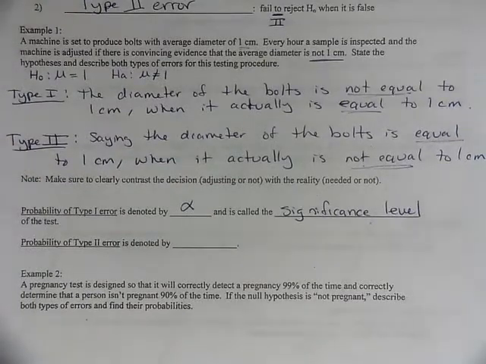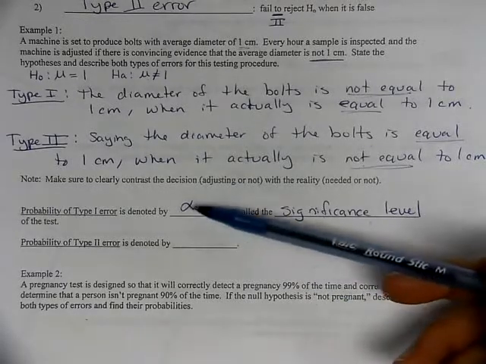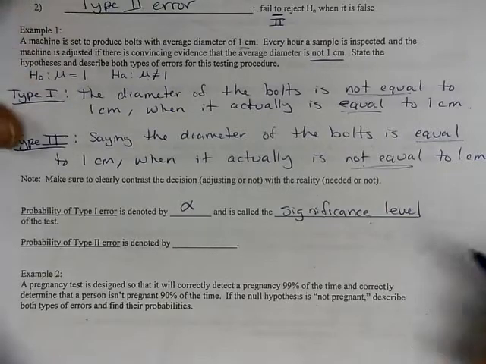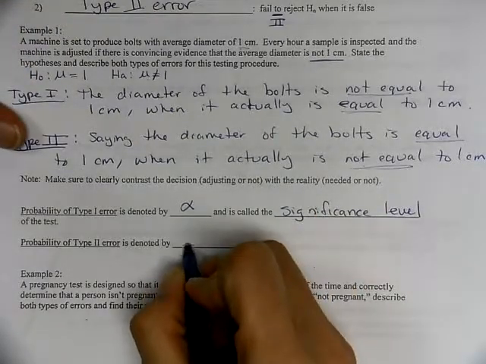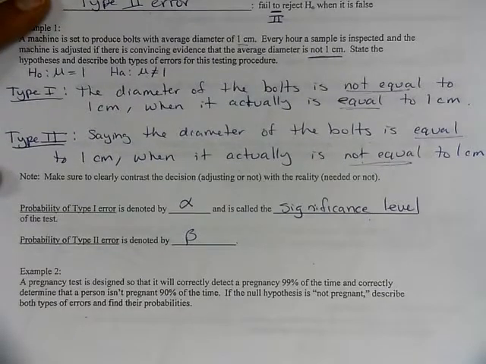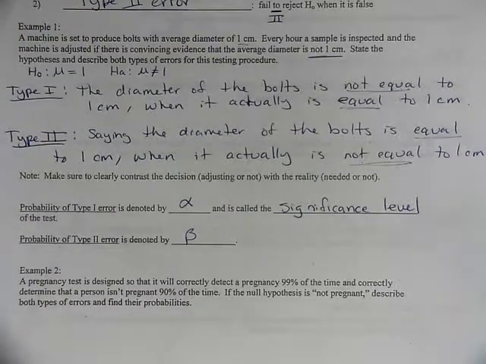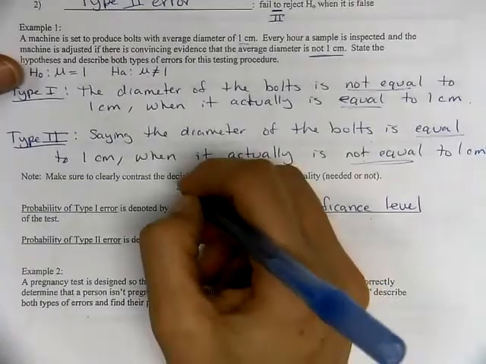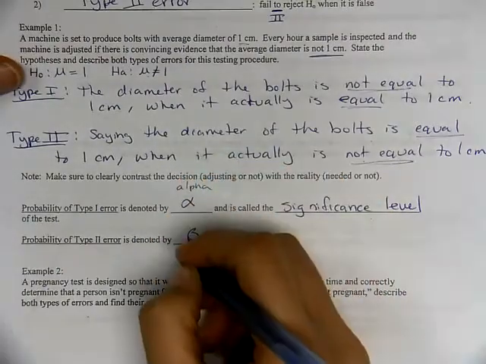Type 1 error is going to be very important when we start talking about hypothesis testing, which we'll do in like 2 days. So type 1 error is always alpha. The type 2 error is beta. It's like a Greek letter B. So alpha, beta.